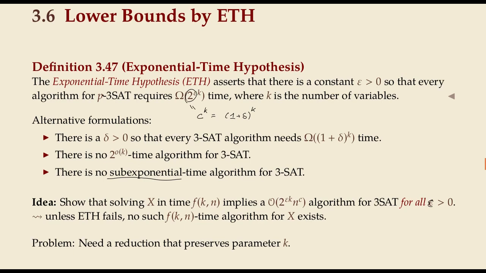So ETH says there is an epsilon so that all algorithms are above this running time. If we can show for all epsilon there's an algorithm with at most that, then we can actually show there is no such epsilon. So this means that this hypothesis doesn't hold. And then unless we want to believe that, that means we don't have an algorithm for x with this running time. Is the idea clear?